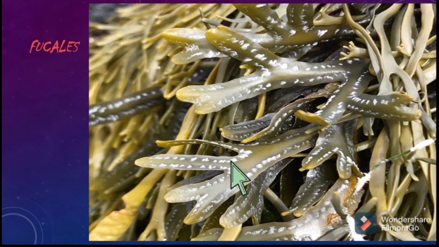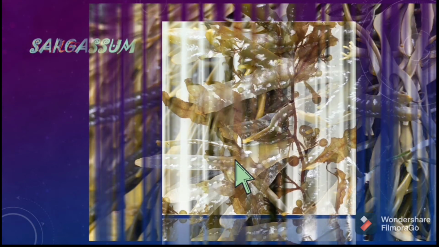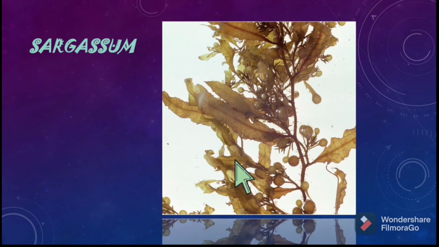And in the case of another species, Sargassum, the plant body consists of a central axis from which arise lateral branches, which may be flattened in the vertical plane.